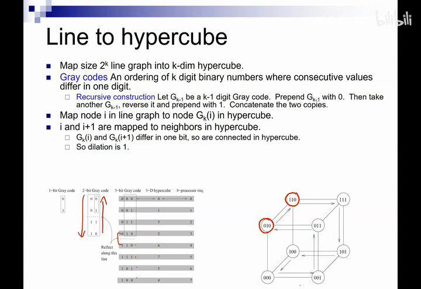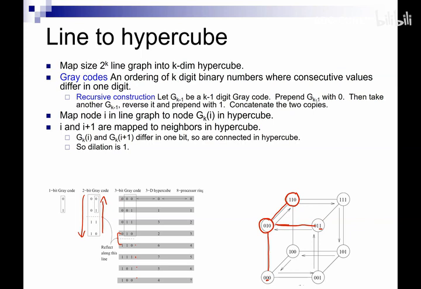And in fact, 0, 1, 0 is connected to every other node which differs in only 1 bit from 0, 1, 0. So it's connected to this processor, because this one only differs in the 2nd bit, and it's also connected to this processor because this guy only differs in the 1st bit over here.